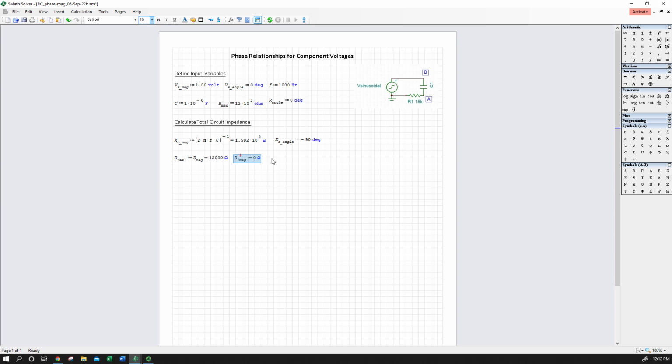Okay, so I'm going to do the same with my capacitive reactance. So I'm going to define an X sub C real, and that's going to be, again, 0 because capacitive reactance has no real component. It is completely imaginary. So 0 ohms.